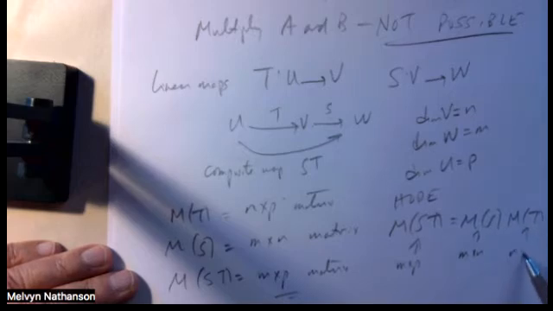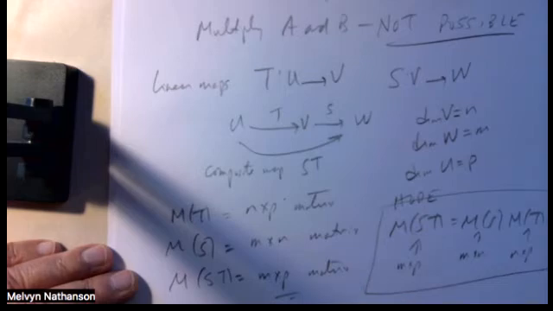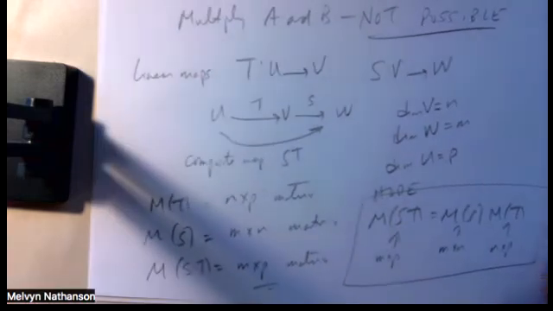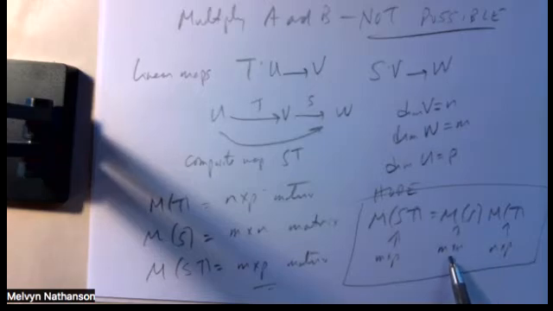This is an N by P matrix. So in order for this relationship to hold, you have to be able to multiply matrices of two different shapes, where the number of columns of the matrix on the left equals the number of rows of the matrix on the right.